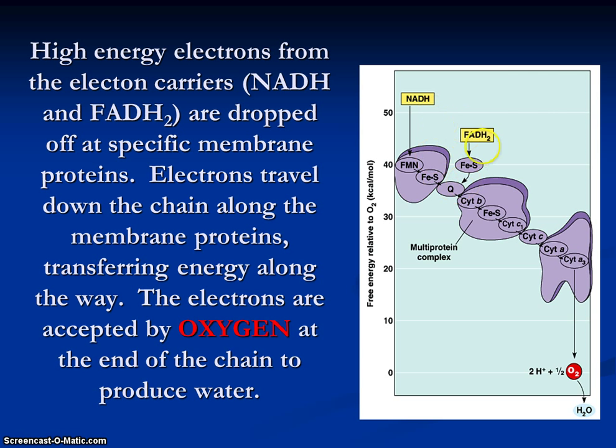As the electrons move down this protein chain, this protein complex within the membrane of the mitochondria, energy is going to be transferred from those electrons along the way.